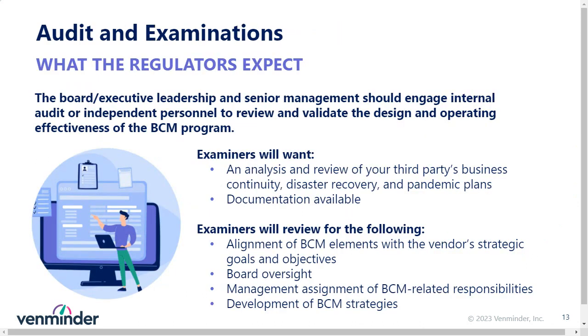Now, these examiners and auditors are going to want an analysis and review of your third party's business continuity, disaster recovery, and pandemic plans. They're going to want to see documentation of this. Examiners and auditors will look to see that your vendor's strategic goals and objectives align with your business continuity, disaster recovery, and pandemic plans, or that you've taken mitigating steps where necessary.